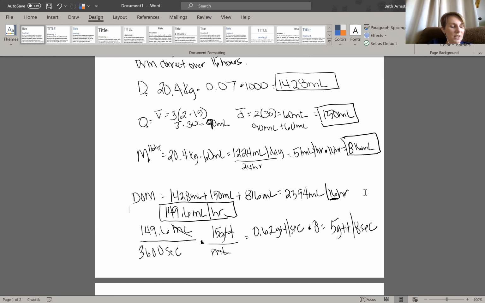But I'm closer, so we're playing a game. 1 drop per 8 seconds. So 1 divided by 8 would be 0.125. So you're on the right track because you had the 8 seconds, but not quite there yet.